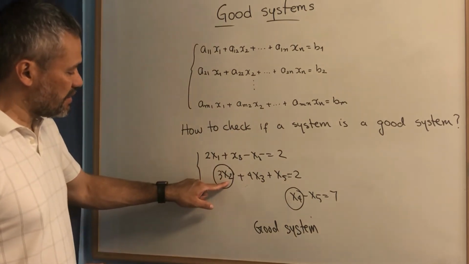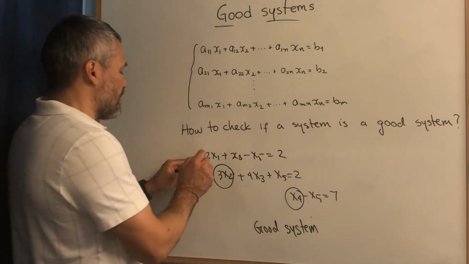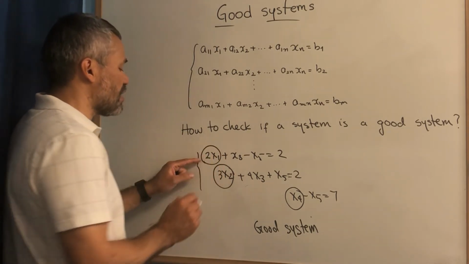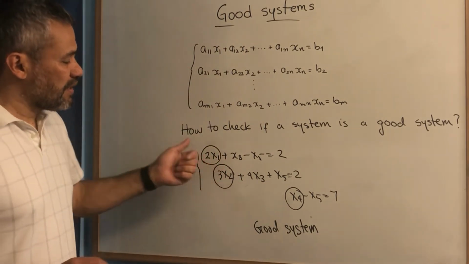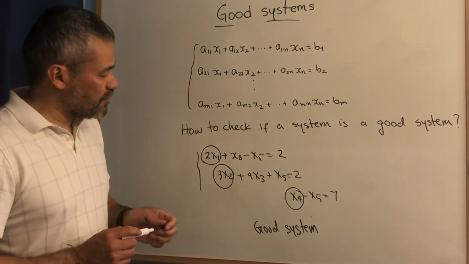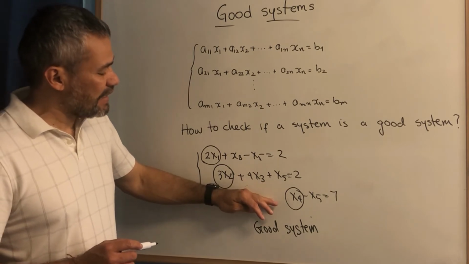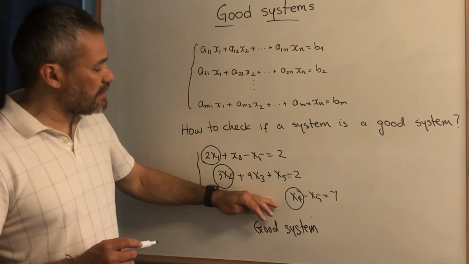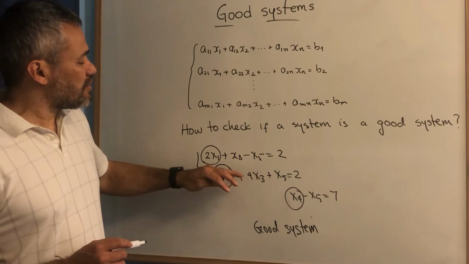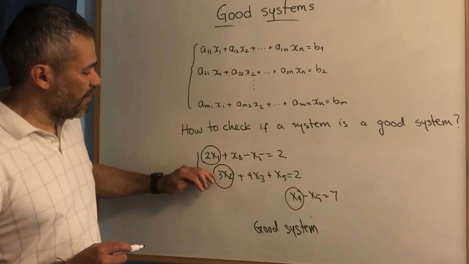This one has index x2, and this one has index bigger than the first variable that shows up in the equation above it. Then we have a good system when the first variable that shows up in an equation has an index bigger than the index of the first variable that shows up in the equation above it.